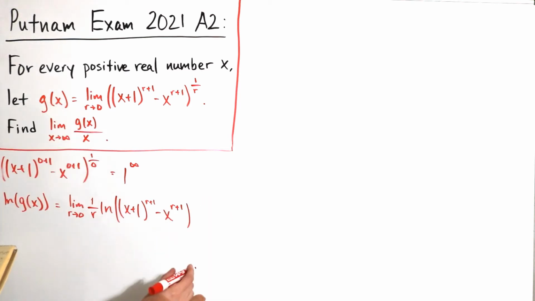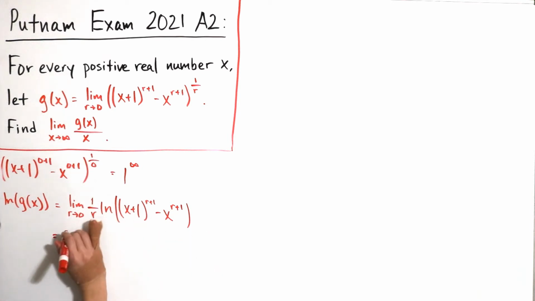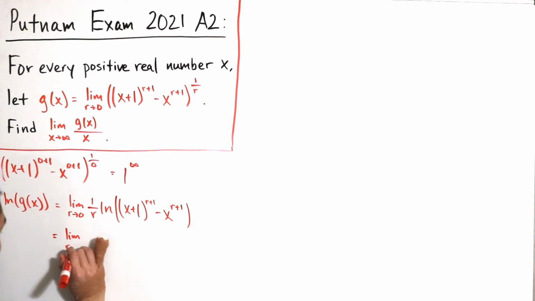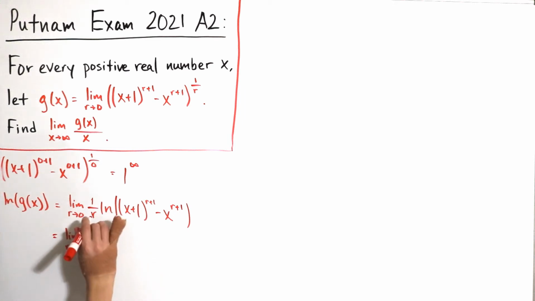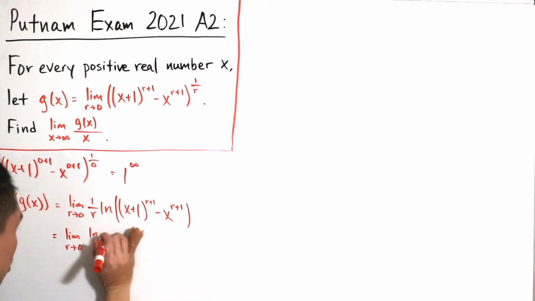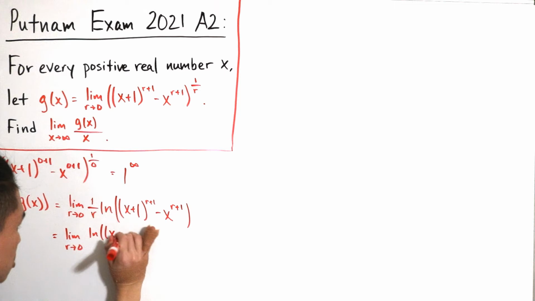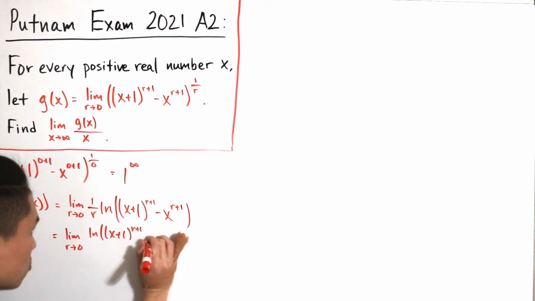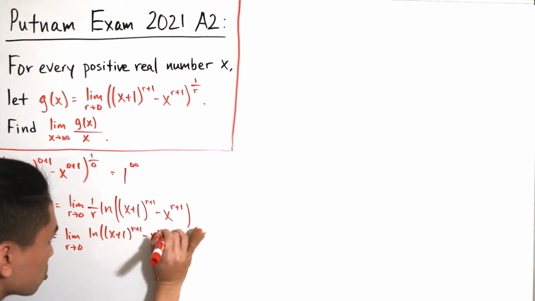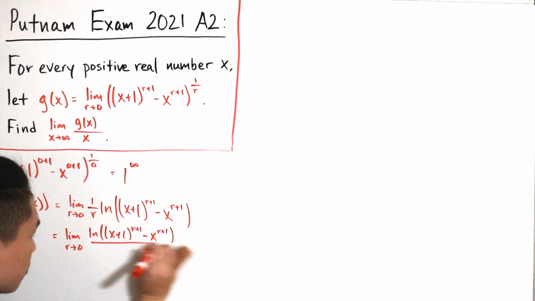Then, if we want to use L'Hopital's rule, we have a 1 over r, so the r can just go under the denominator. So here we have the limit, and all it is is moving the r into the denominator. We have the natural log of the same expression, x plus 1 to the power r plus 1, subtract x to the power r plus 1, and all this being divided by r.